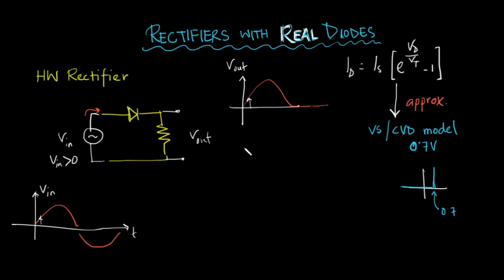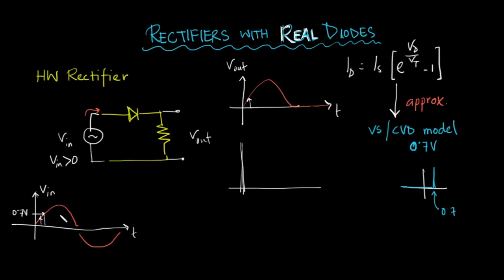But if we have a real diode, this is again the time. If we have a real diode, the output will not start unless the input passes the 0.7 volt threshold. Unless the input crosses the 0.7 volt threshold, the output will not pass.